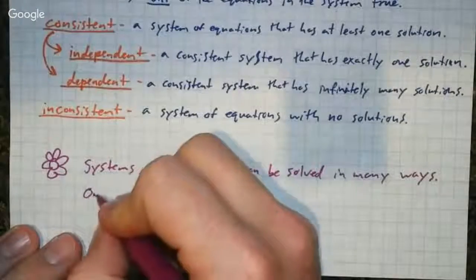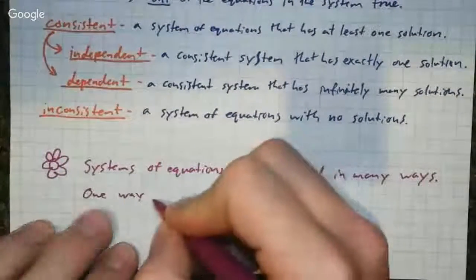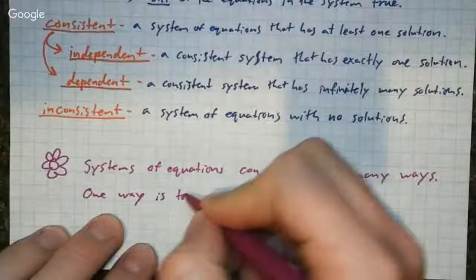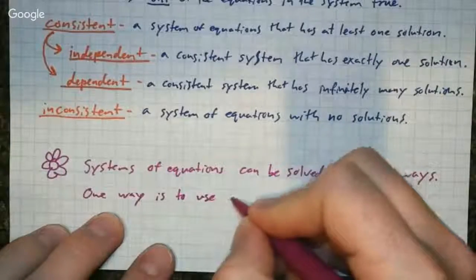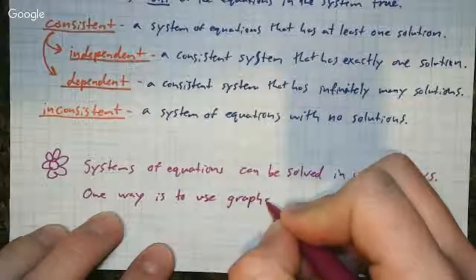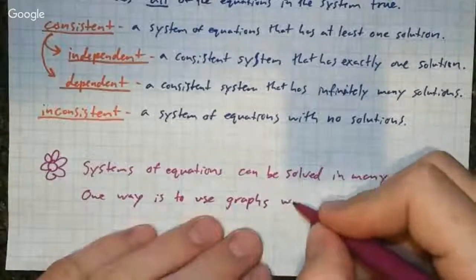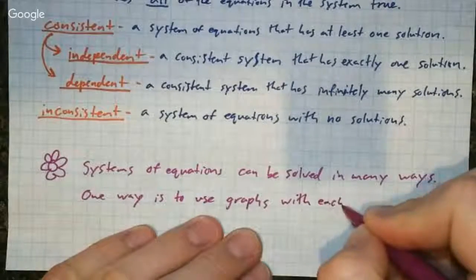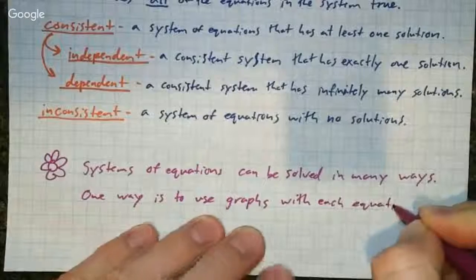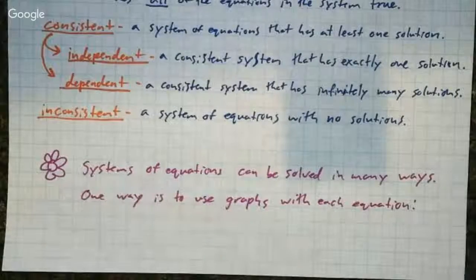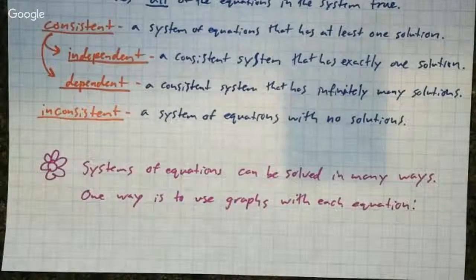One way is to use graphs with each equation. And that's what we're going to go ahead and go over. You'll see a lot of different ways for us to find this. However, today we're going to go ahead and work on graphing.